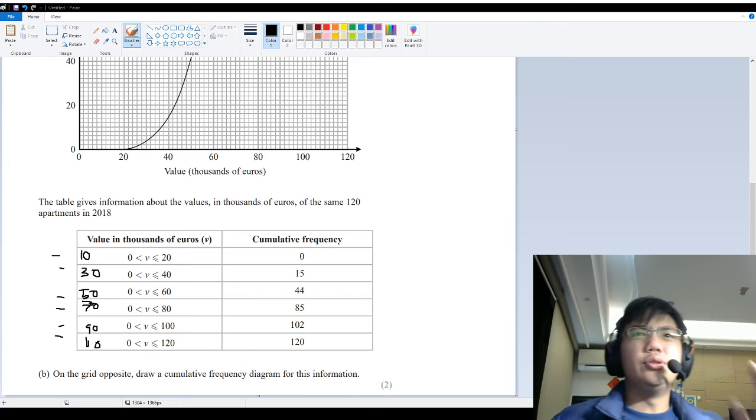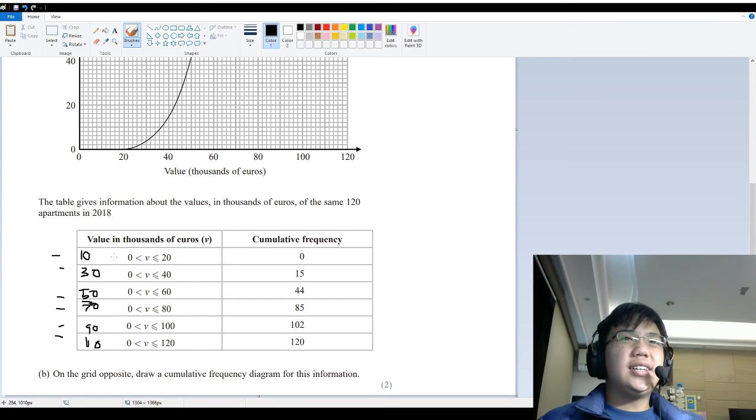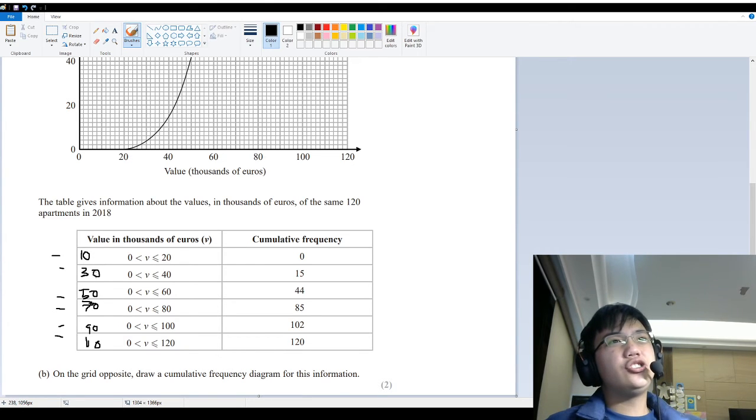So all we need to do is to plot these points on these x values, with the midpoints of each value.